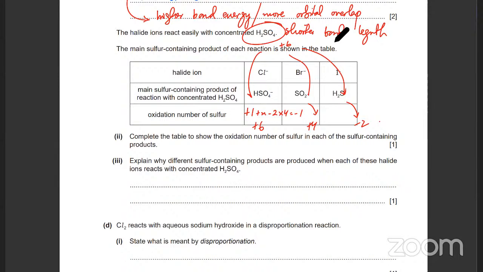So why is sulfur getting reduced by iodine or iodide? Because it is a strong oxidizing agent. Sorry, reducing agent. Okay, so reducing power increases. Because I-1 really likes to lose electrons. Why does it like to lose electrons? Because it's got too many shells, so it easily loses electrons.